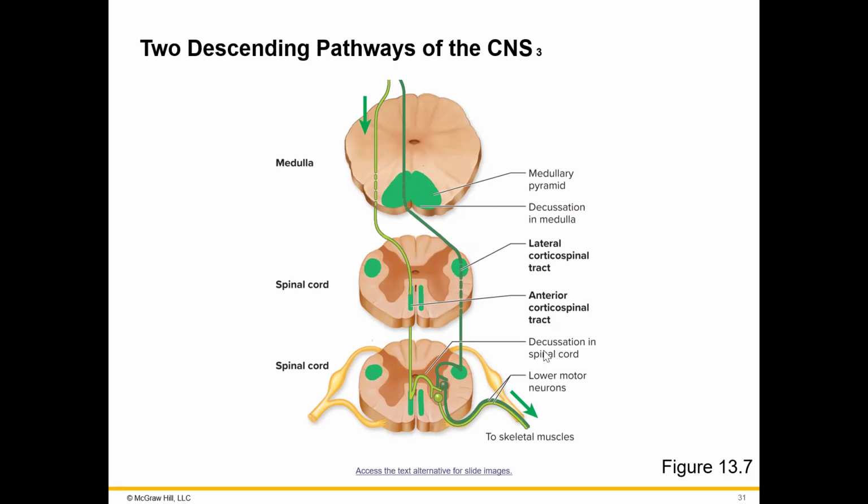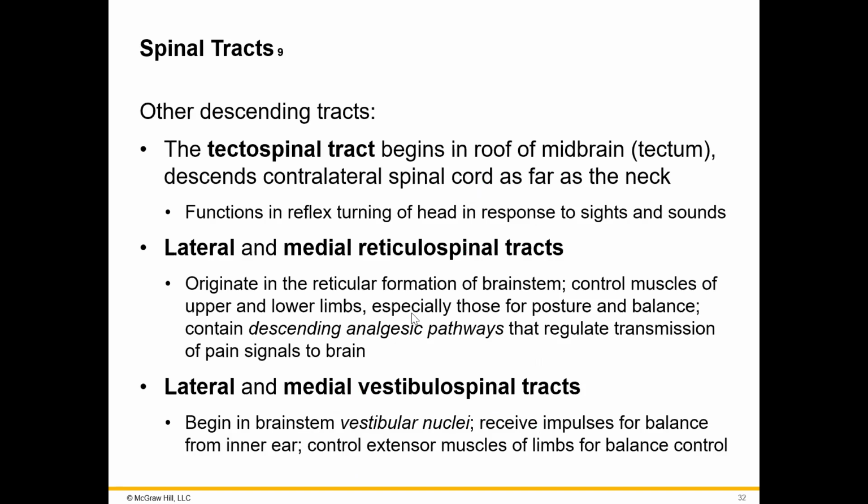It terminally decussates in the spinal cord, but it does not decussate in the medulla. So the special thing here is to realize that the lateral corticospinal descending tract decussates in the medulla, while the anterior corticospinal tract does not decussate in the medulla, it decussates in the spinal cord. Good. Today you guys are neurologists.